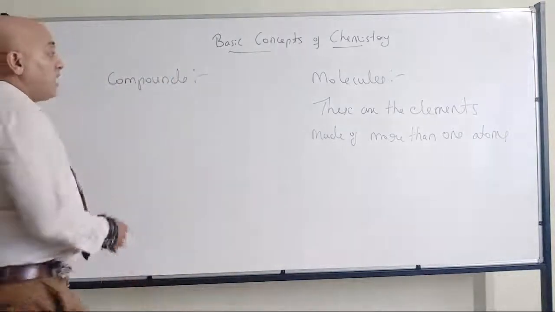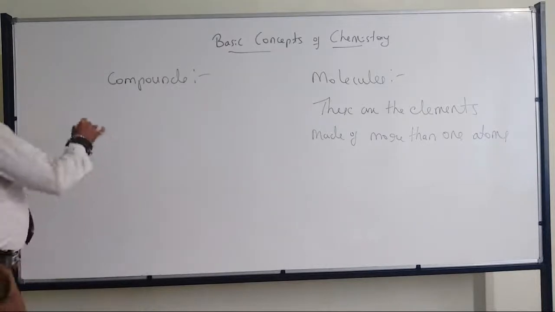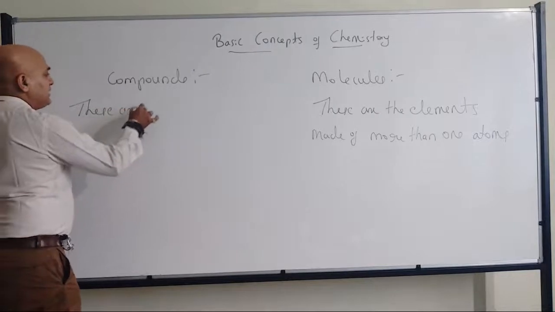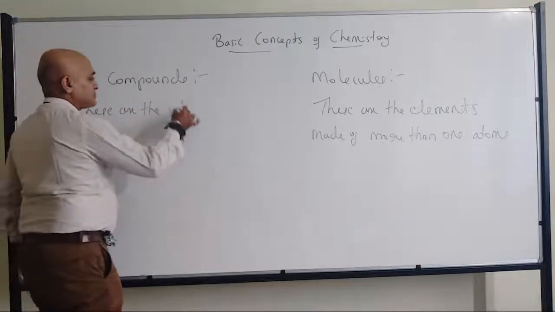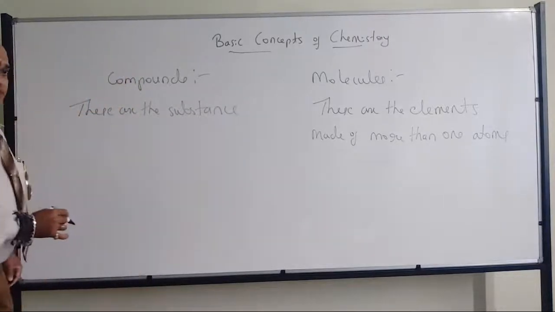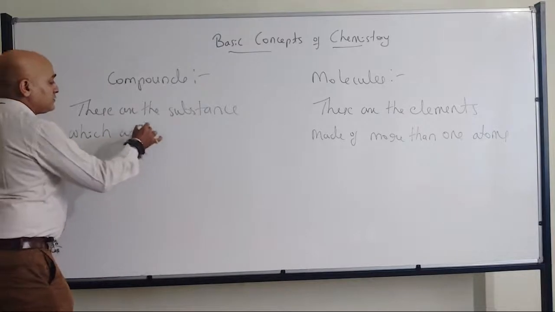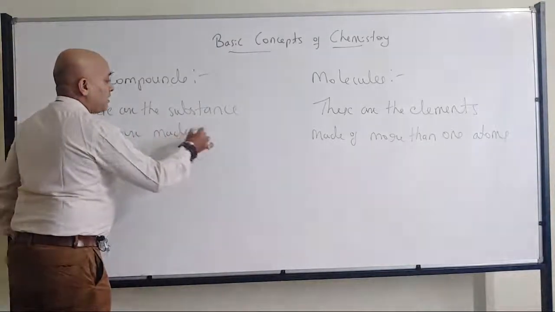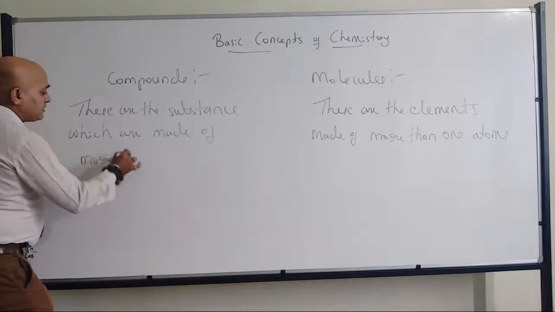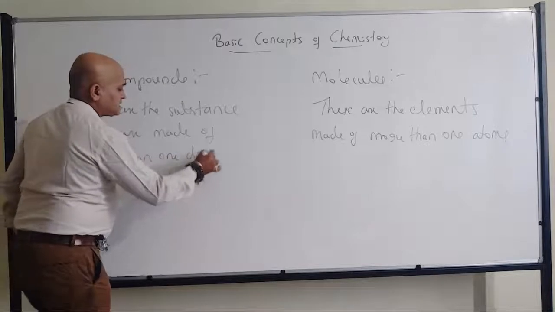Now, when it comes to compounds, we can write it as, these are the elements or substances which are made of more than one different type of elements.